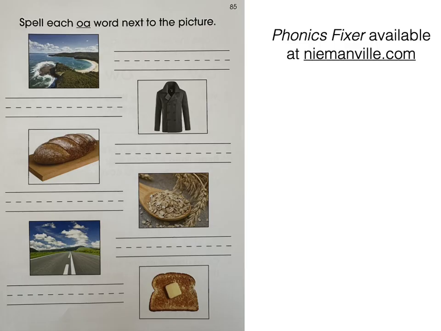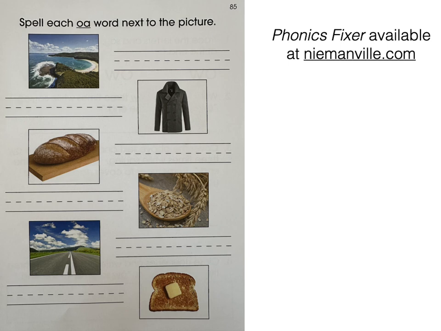You may also incorporate pictures or photographs of OA words and ask them not only to spell those words, but perhaps use those words in a sentence, and make sure that they understand what those words mean. Any words that they don't know, you're going to want to come back to again tomorrow and make sure that after you've shown them a visual, they remember what that word means.